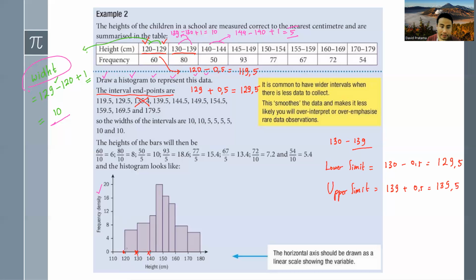Okay, look at this. You can build the histogram.